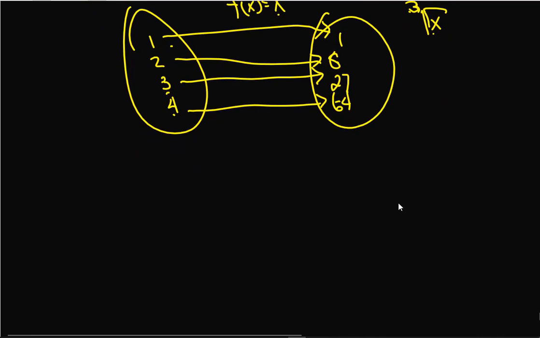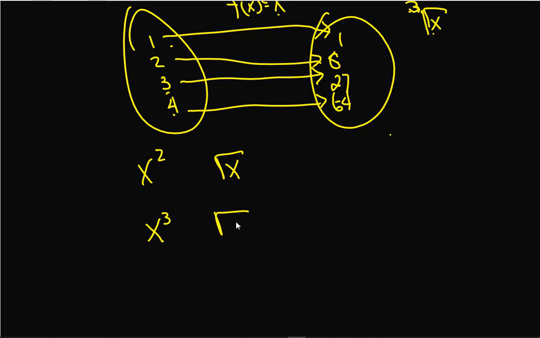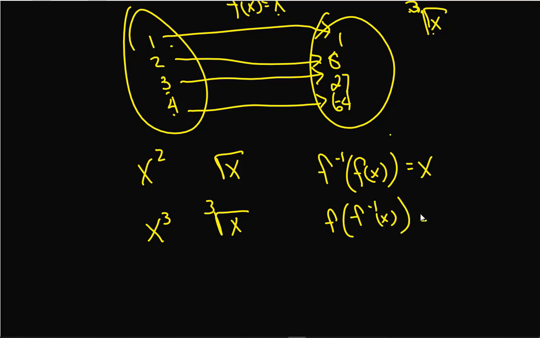That is to say that x squared and the square root of x are inverses, and x cubed and the cube root of x are inverses. That makes sense because remember we said that if you do f inverse of f of x, you should get x, or we also said if you do f of f inverse of x, you also get x.